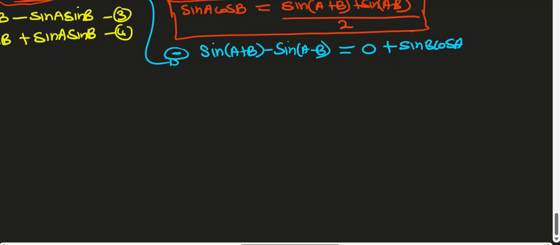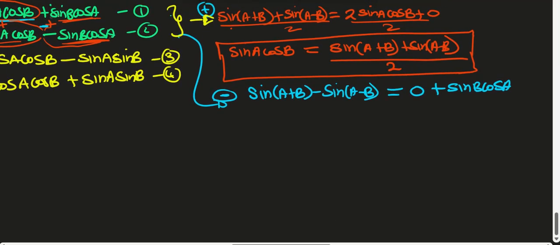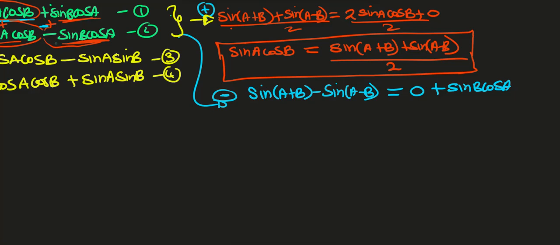Sine B cos A plus sine B cos A becomes plus 2 sine B cos A.